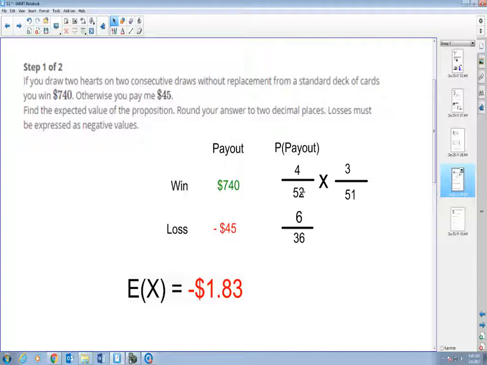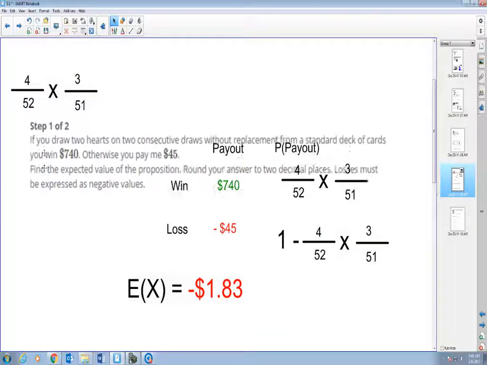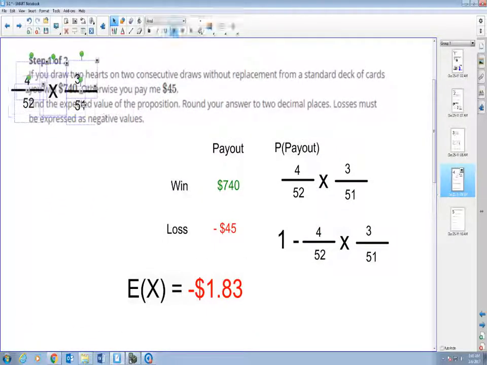Rather than for me to refigure out all this, I can figure out the probability of losing by the complement rule, which is going to be 1 minus, copy this, 1 minus. When I want to put this in the calculator, I would just be a little bit careful. Okay.